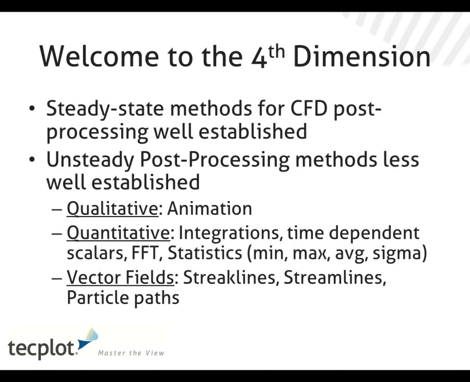You still have lower dimensionality, but you can use that to help you understand how things are varying through time in a more meaningful way, perhaps. And then just statistics: looking at min-max, average, and standard deviations of how things are varying over time.